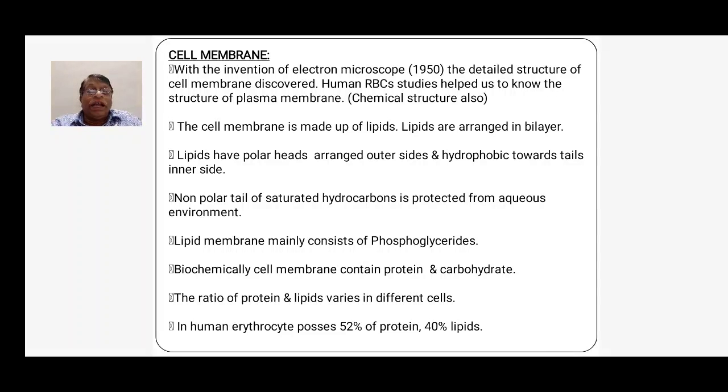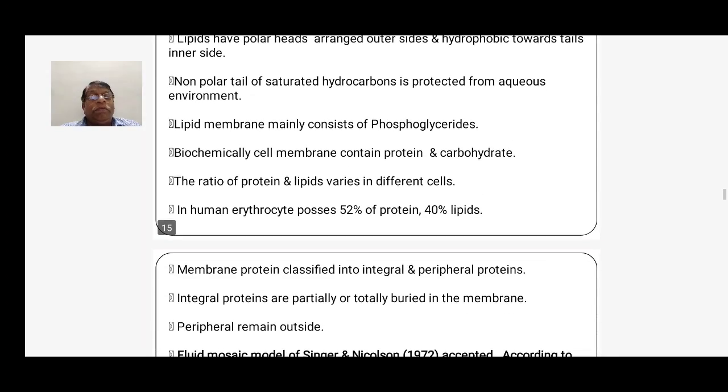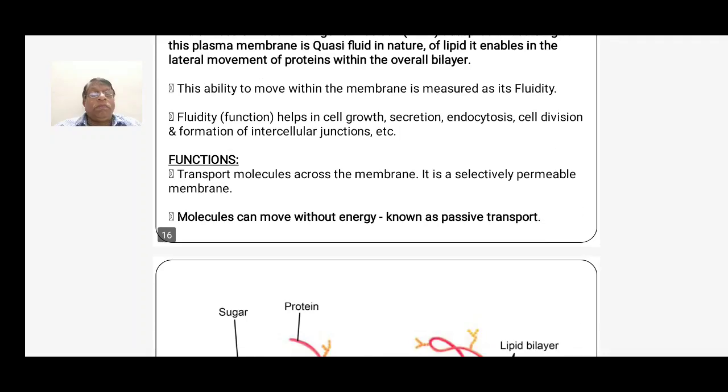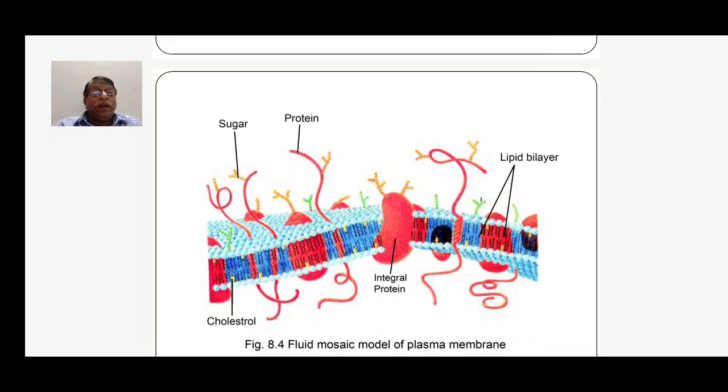Now, once again, look at the diagram. You can see the blue colored one, which is the lipid layer. You carefully examine, it is present in two layers.